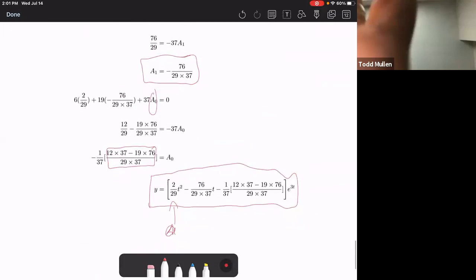And that's what we get. There's our a2, there's our a1, and this whole thing was the a0. And don't forget to bring back that e to the 3t. And this is our final solution. I believe doing the questions in the textbook, you can look forward to some less complicated arithmetic. Hopefully, at least.